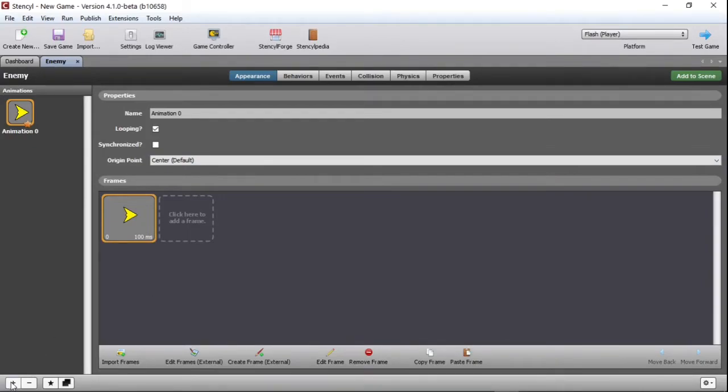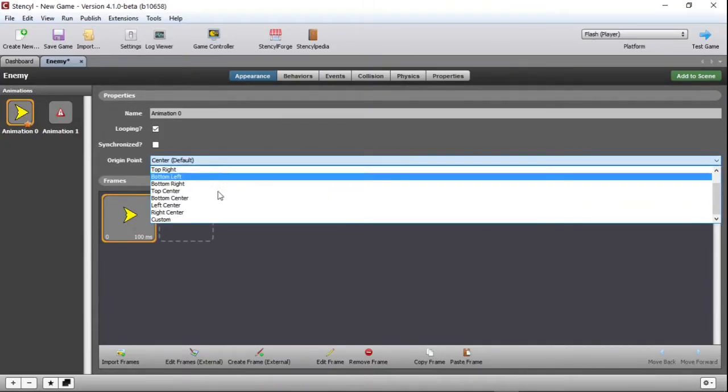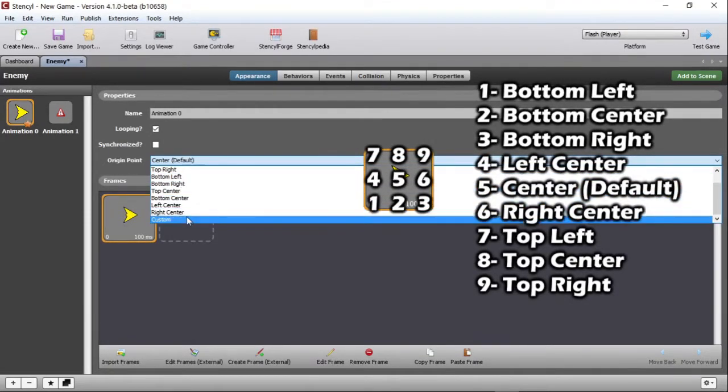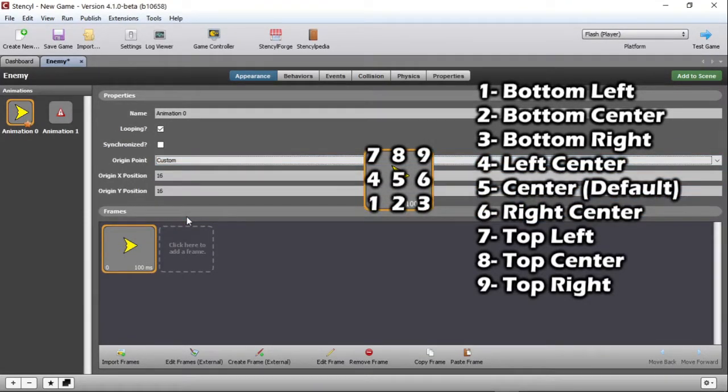You set one origin point per animation, the default being center origin. There are several quick options forming 9 points on your actor, like a number pad, and you can specify a custom origin point. The custom points start on the actor's top left corner with x0, y0.